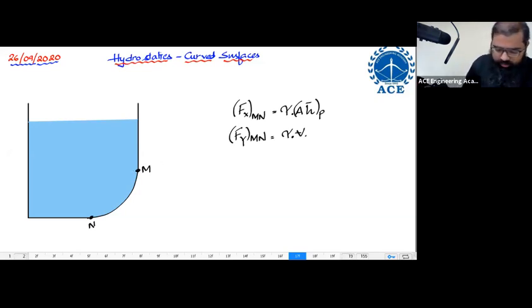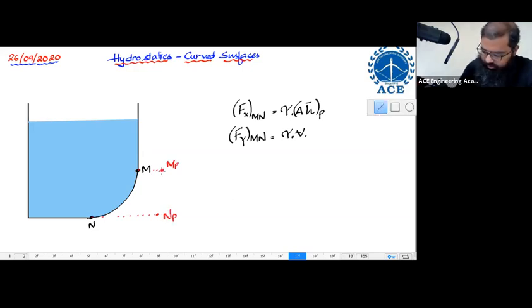Now regarding this projected area, let us say this is M projected, this is N projected. This is the area projected.